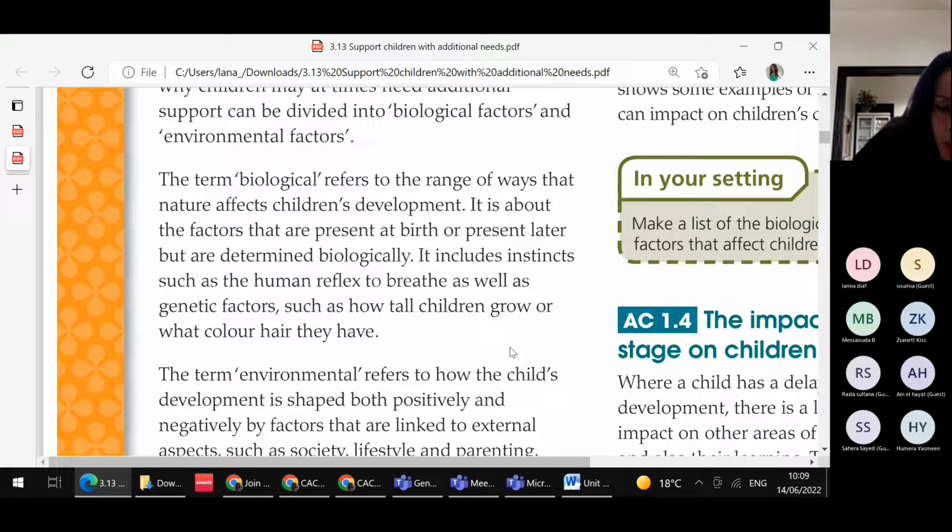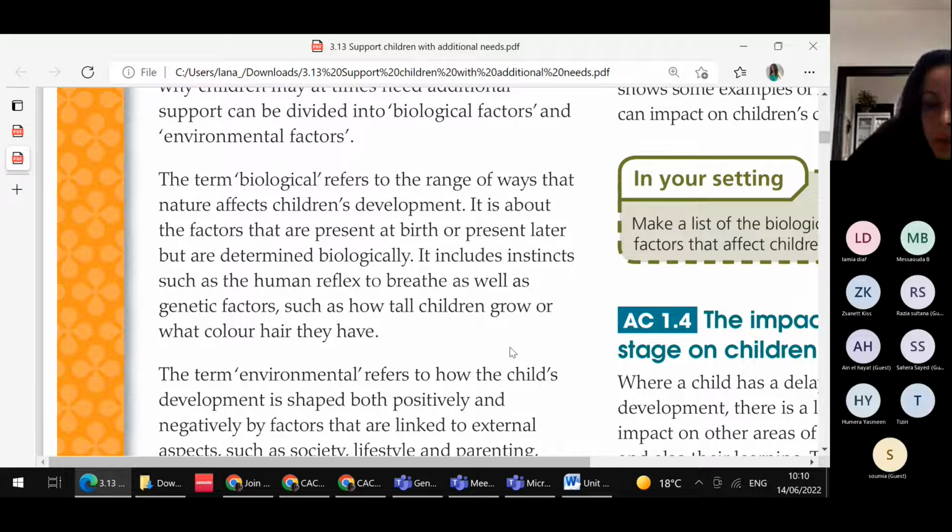So we have biological and we have environmental. Biological means factors that affect the child's development by natural things, factors present at birth, and this will affect the child later on.